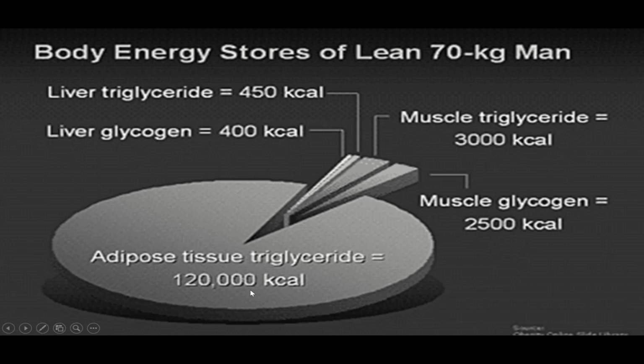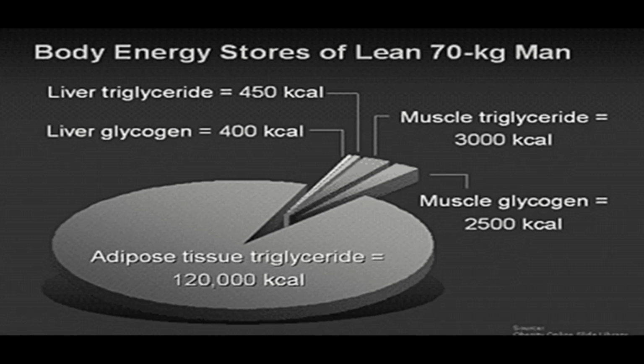Now when we look at adipose tissue, so that's our stored fat, look at the calorie difference in terms of stored energy. 120,000 calories we've got stored in our adipose tissue, and not forgetting that this individual was a lean 70 kilogram male. So even somebody who's quite lean has a massive amount of adipose tissue that they can draw upon.